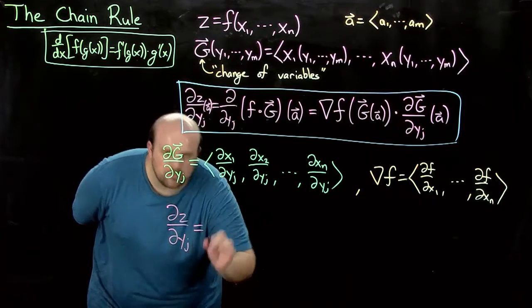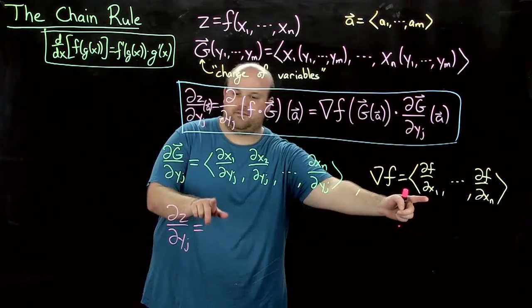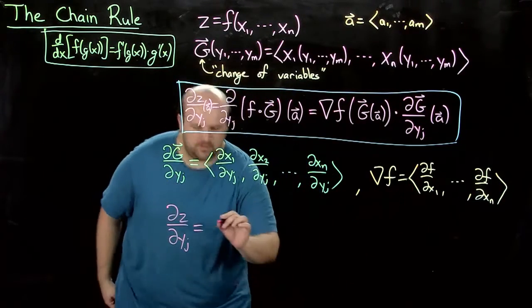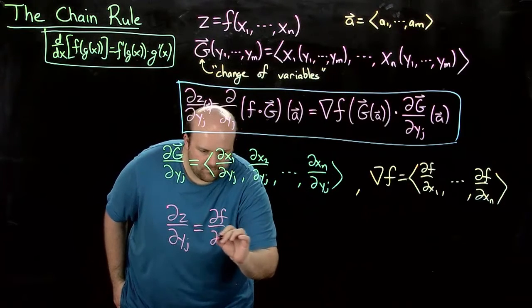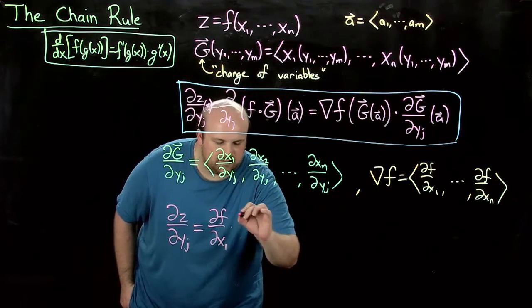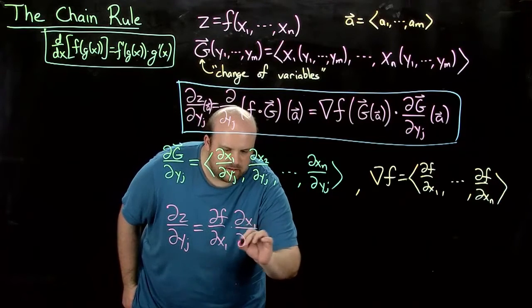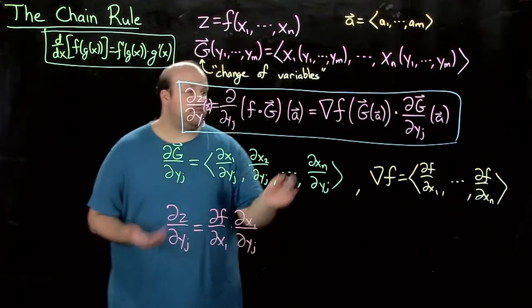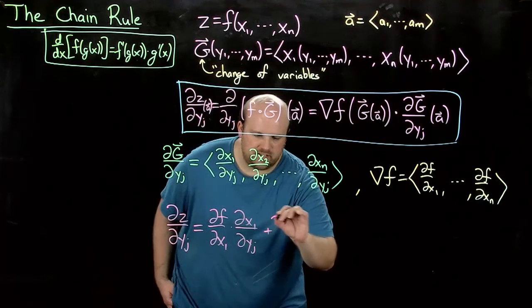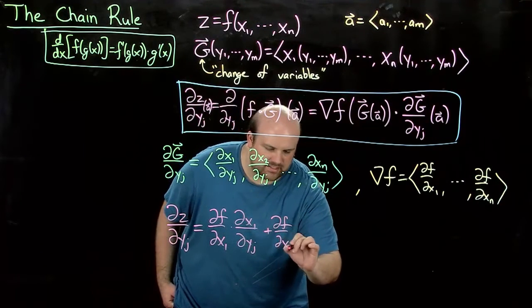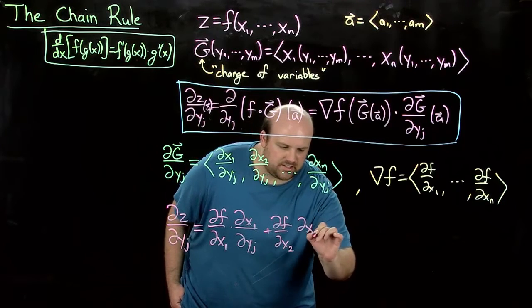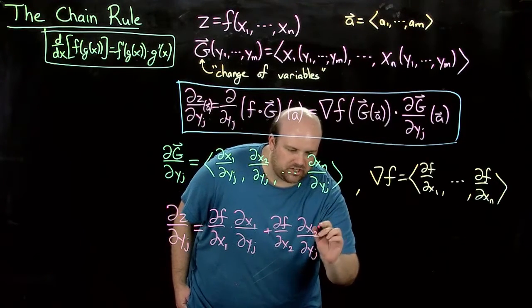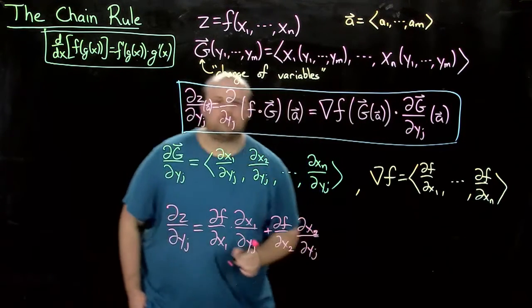So we're doing the dot product of these two, and then we can see that dz dyj, right? So it's the product of the first two, df dx1 times dx1 dyj. Okay? And then we do it for the next component. So plus df dx2 dx2 dyj, right?